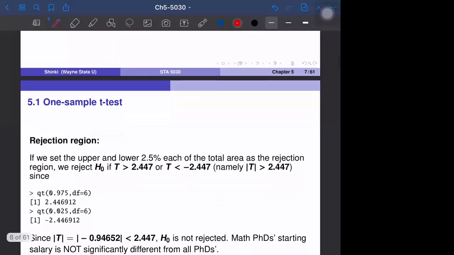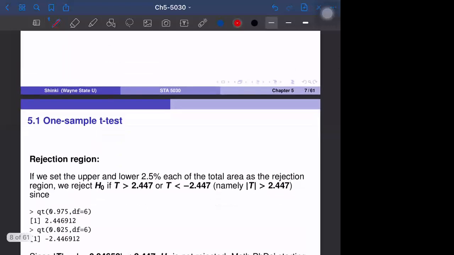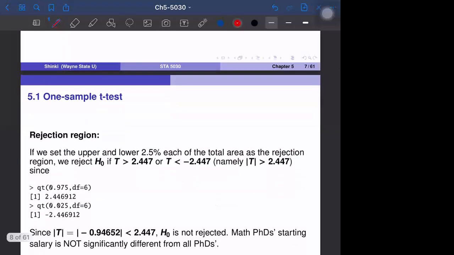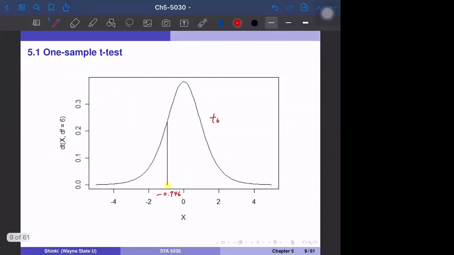But to be specific, what should we do? Actually, for a test with 5% significance level, for example, we reject the 5% of extreme values. So if we have this distribution, basically we want to reject the null hypothesis if it falls in this extreme 5% range.